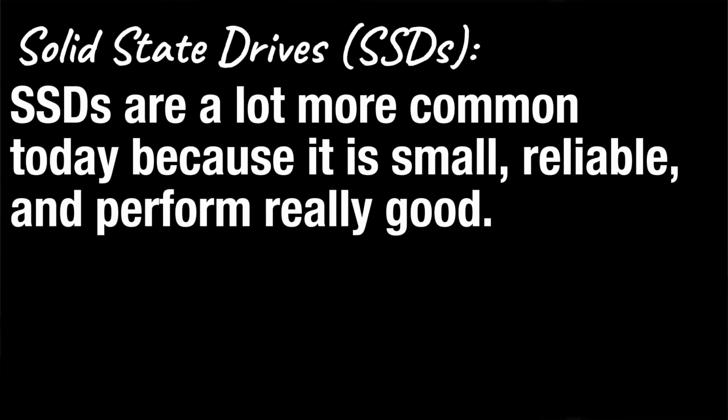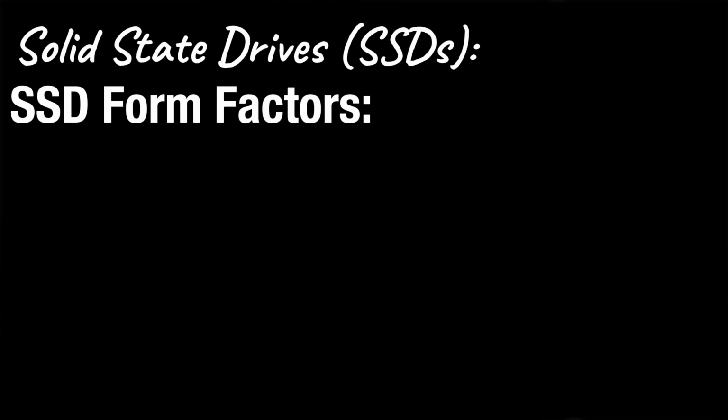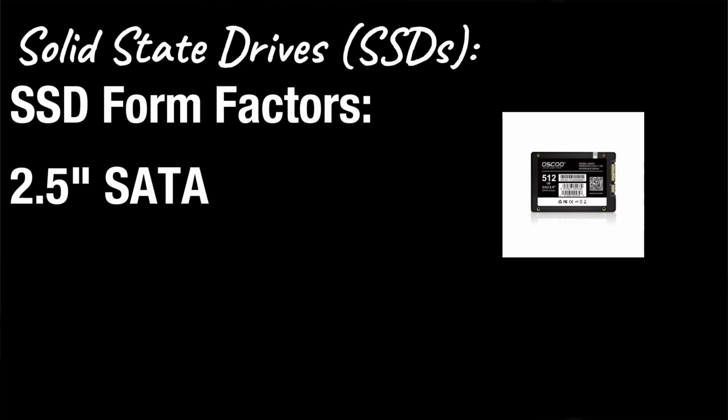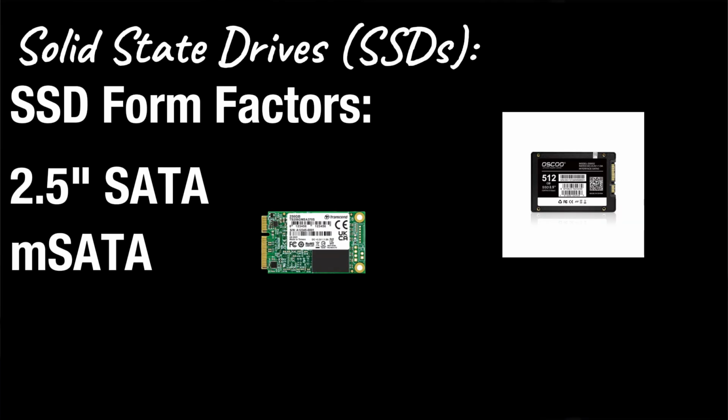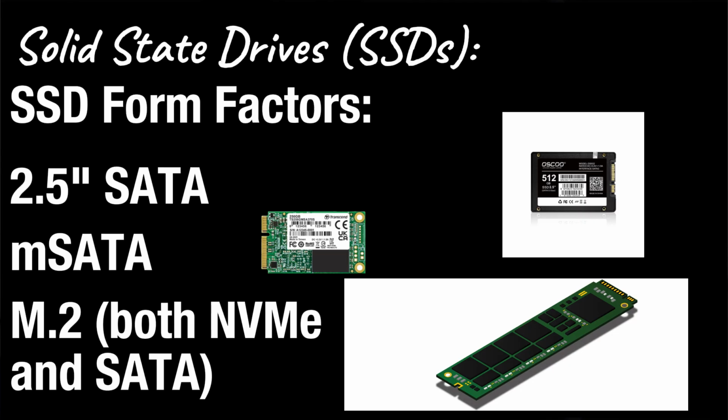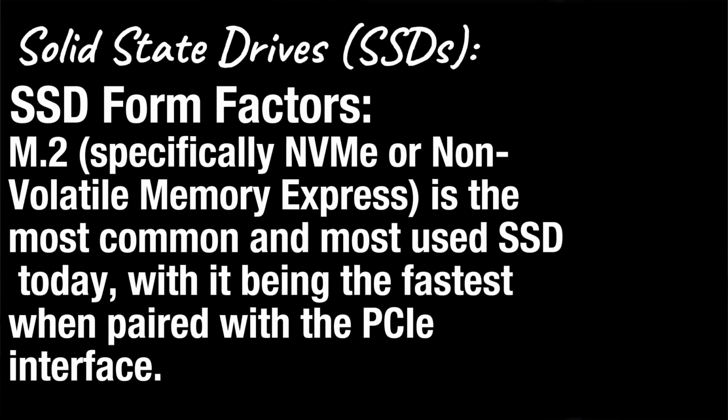Now, this is an SSD. SSDs are a lot more common nowadays due to their compactness and performance. And there are so many form factors, which include 2.5 inch SATA, mini SATA, and M.2, with M.2 being the most popular and normally the fastest, with PCIe as the interface for SSDs.